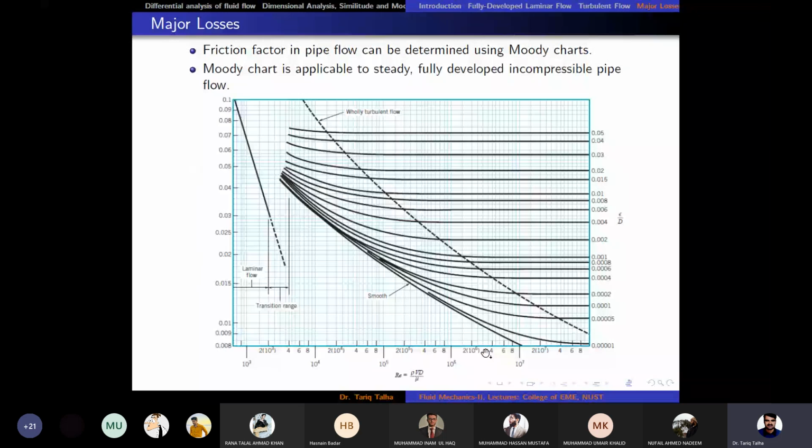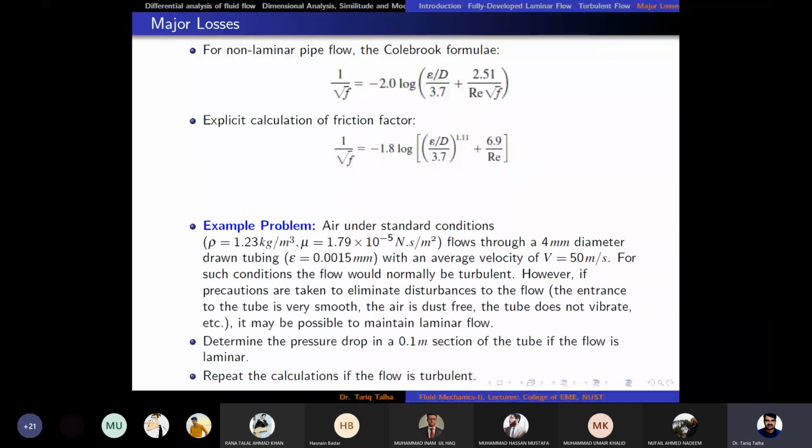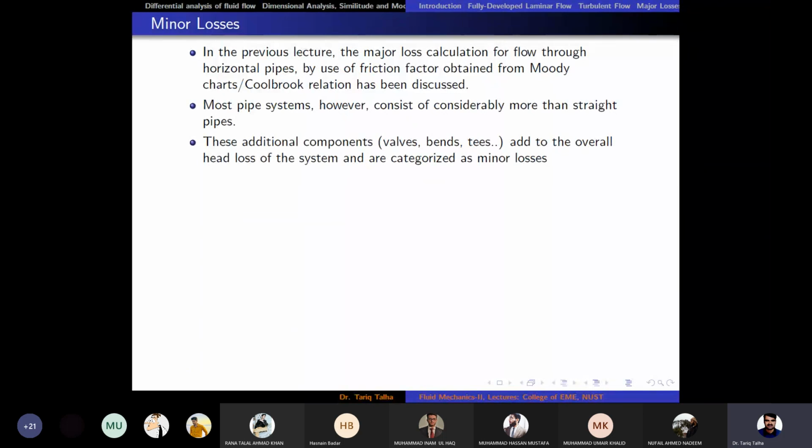So we can easily calculate the major loss as well, right? And we will do quite a few numericals next week for the major losses and minor losses. Minor losses will be discussed in the next class, which is on Wednesday.